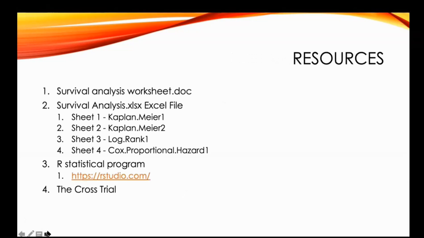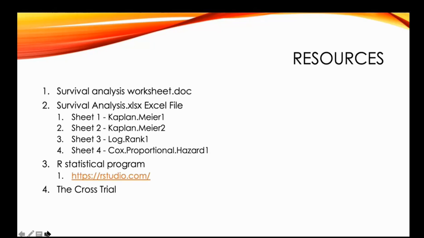So there are some resources for this portion of the talk. The first is a survival analysis worksheet that you can use to follow along to do a Kaplan-Meier calculation. The second is a spreadsheet for survival analysis that contains 4 sheets of each of the tests that we're going to use.